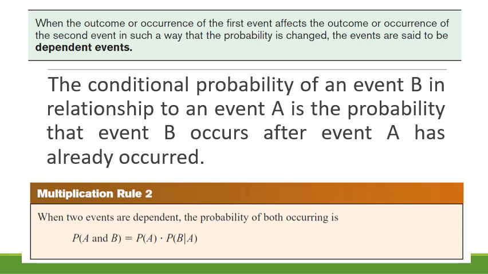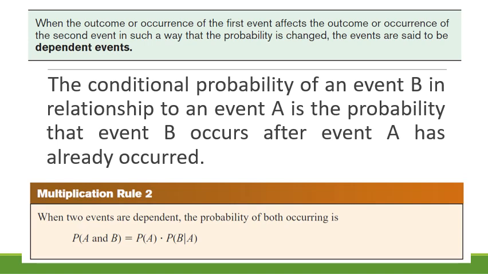The first rule discussed is more focused on independent events, where you just need to multiply the first event, the second, or third event, as long as they are independent. Now the second rule: when the outcome or occurrence of the first event affects the occurrence of the second event in such a way that the probability is changed, the events are said to be dependent events.